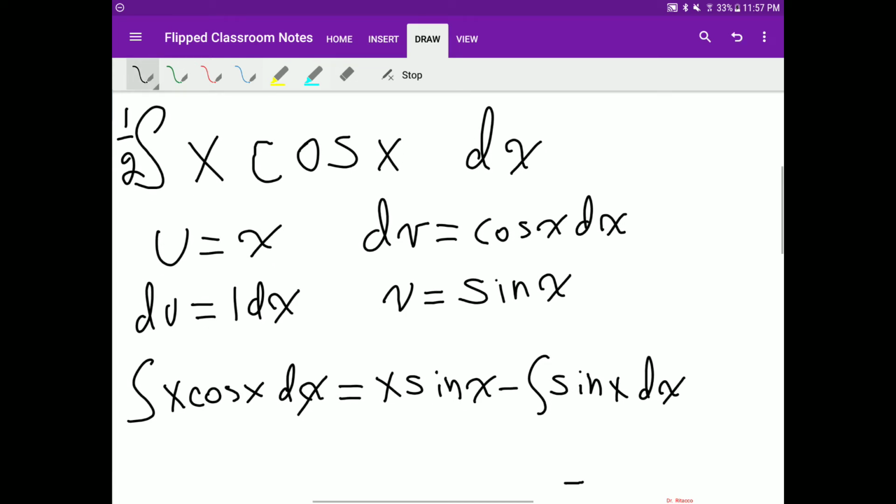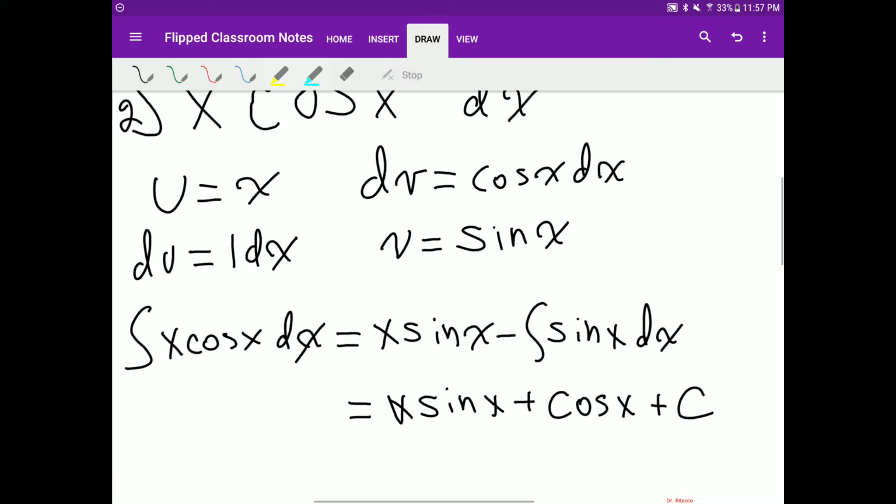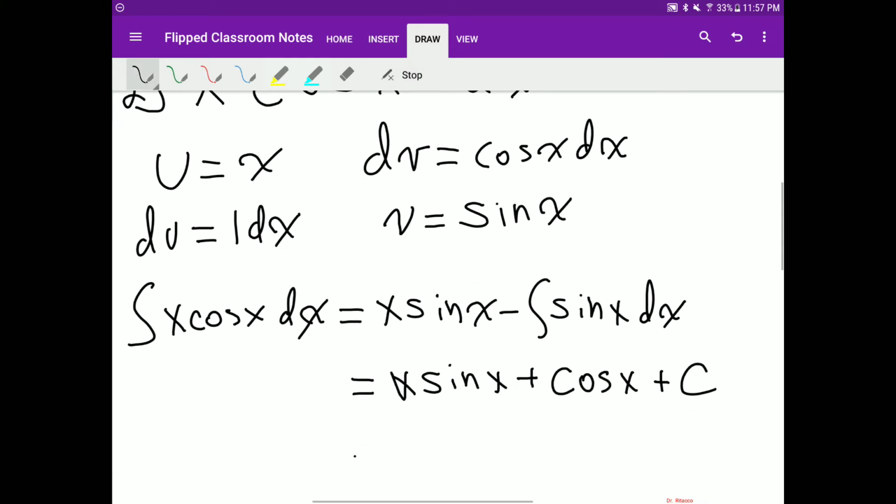Well, now I can finish this off, x sine x minus, the integral of sine x is going to become the opposite of cosine x, so that's going to be plus cosine x plus c. Okay? Now all I have left to do is substitute my value for x back in.